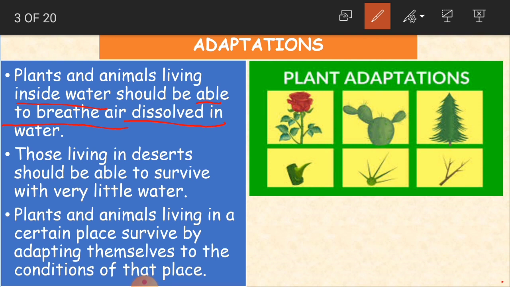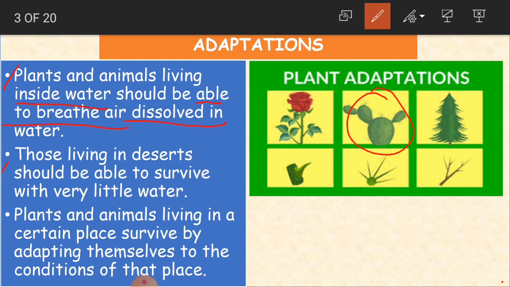And here the second point is those living in deserts should be able to survive with very little water. When we say plants are able to grow in water in the first point, they are able to live according to its condition. And here some plants live in deserts, for example cactus. Here you see this cactus, this is a desert plant.